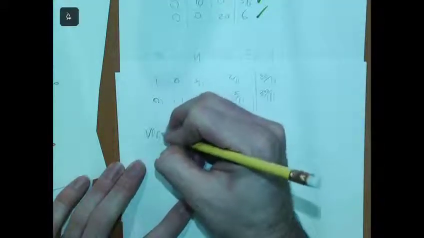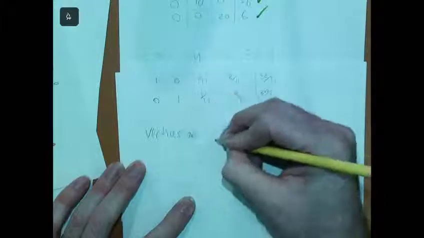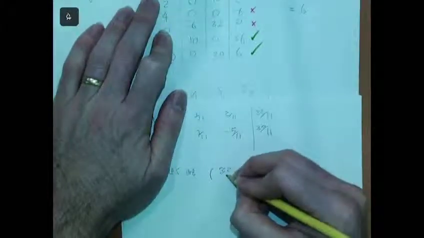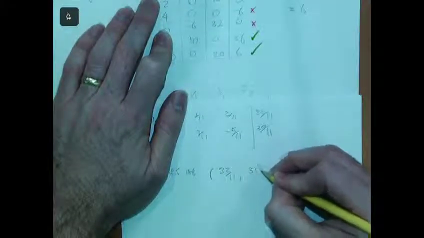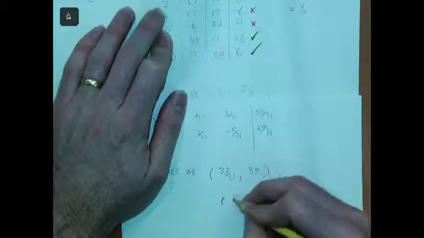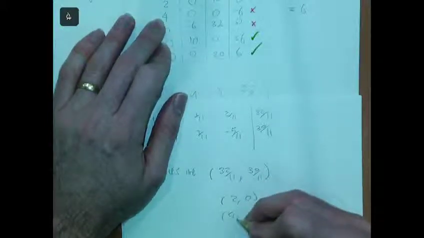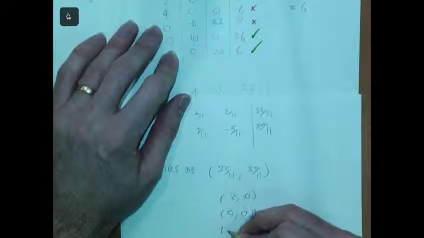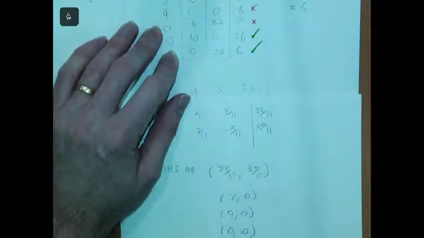The only reason to have the slack variables was to tell whether they were part of the set or not, and so I can now ignore them, and so I've got the vertices are 32 over 11, 30 over 11, 2, 0, 4, 0, and 0, 10. Right. I just read off the first 2 coordinates of those points.